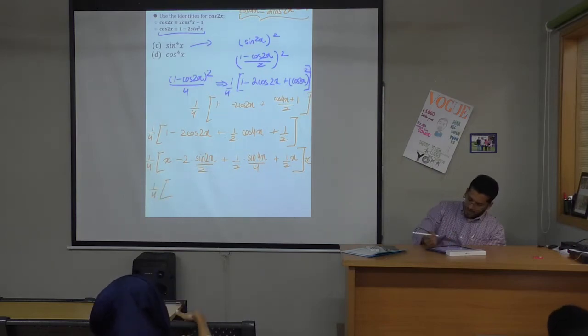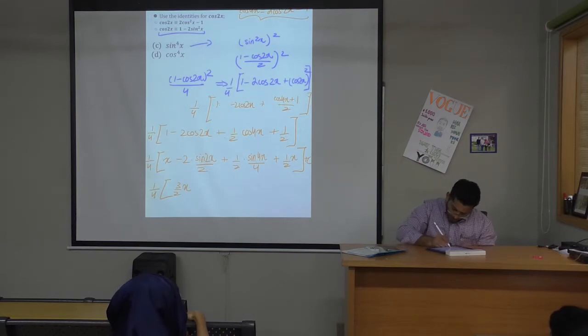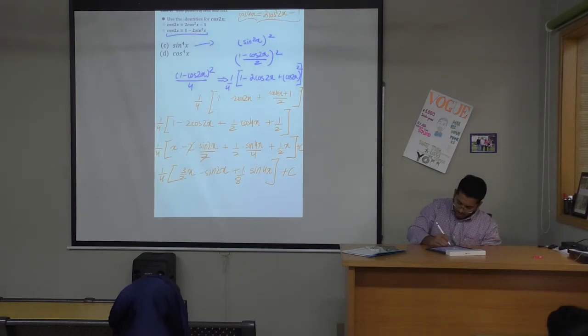So let's just simplify this thing. You have 3 by 2x minus sin 2x plus 1 by 8 sin 4x plus c. It's 3 by 12x minus 1 by 4 sin 2x plus 1 by 32 sin 4x plus c.